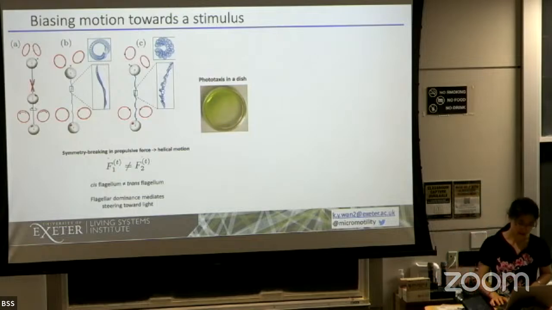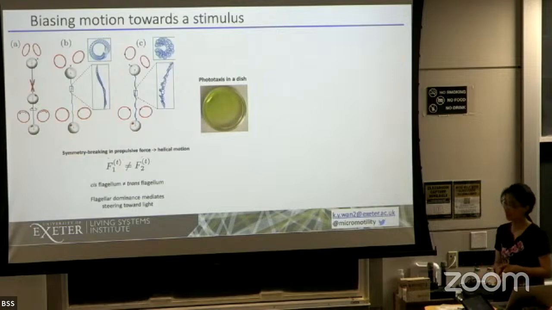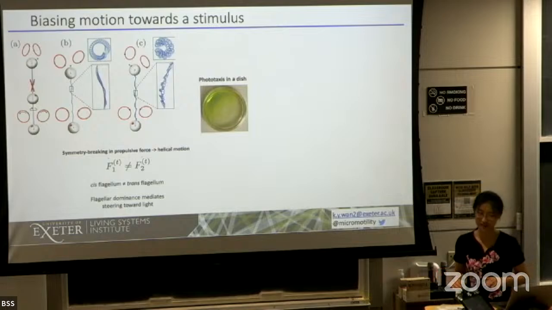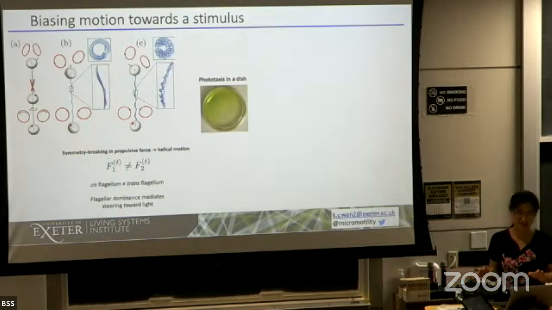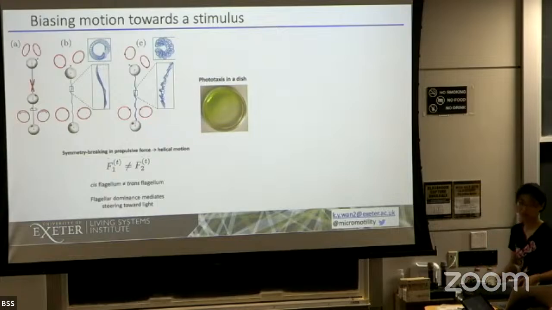And it turns out that in order for this to happen, there is an intrinsic asymmetry between the two sides. So even in the absence of any signal, if you're just imaging the cells in a uniform background, you would still have the same underlying asymmetry. And this can be implemented in different ways, but in our case, it's just through the magnitude of the force, which results in a different rotation frequency of one of the cilia.